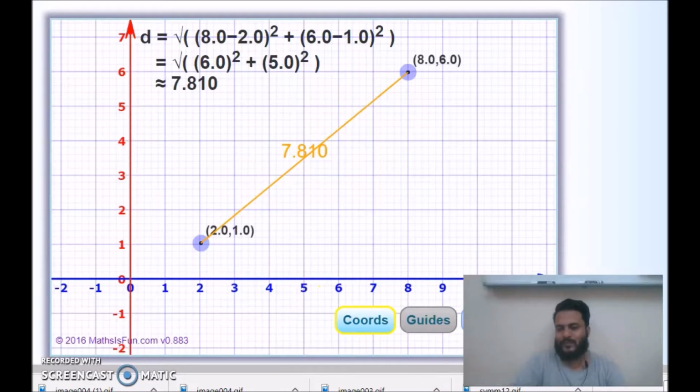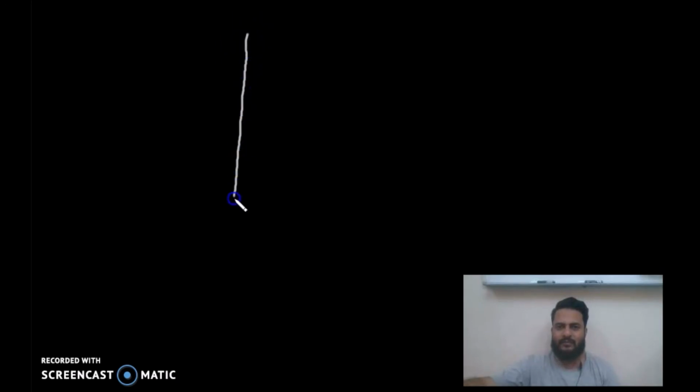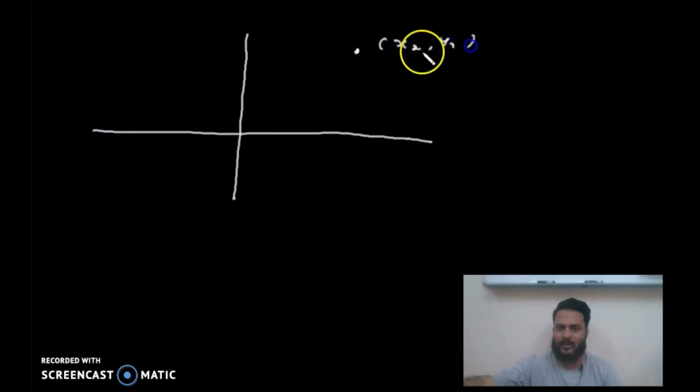Okay. Now, let's come back to my older question. How can we derive this formula? Consider the y-axis and x-axis of our graph sheet. Consider a point, this is (x2, y2). Consider another point, this will be (x1, y1).